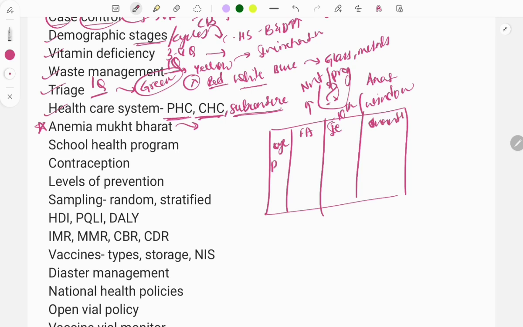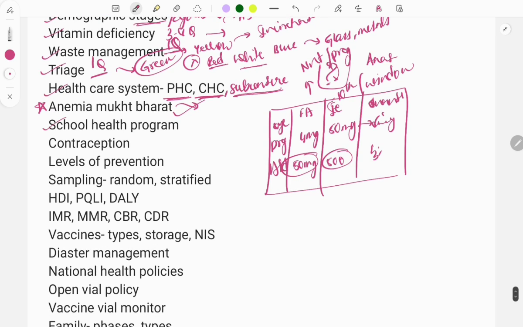For example, for the pregnant female it will be 4 mg folic acid and iron 50 mg, and we will be giving it daily. Likewise for the adolescent it will be bi-weekly, and I am not able to remember the exact dose here actually. I think it will be 50 mg and 500 microgram, something like that. Okay, so do look at the table of this Anemia Mukt Bharat.